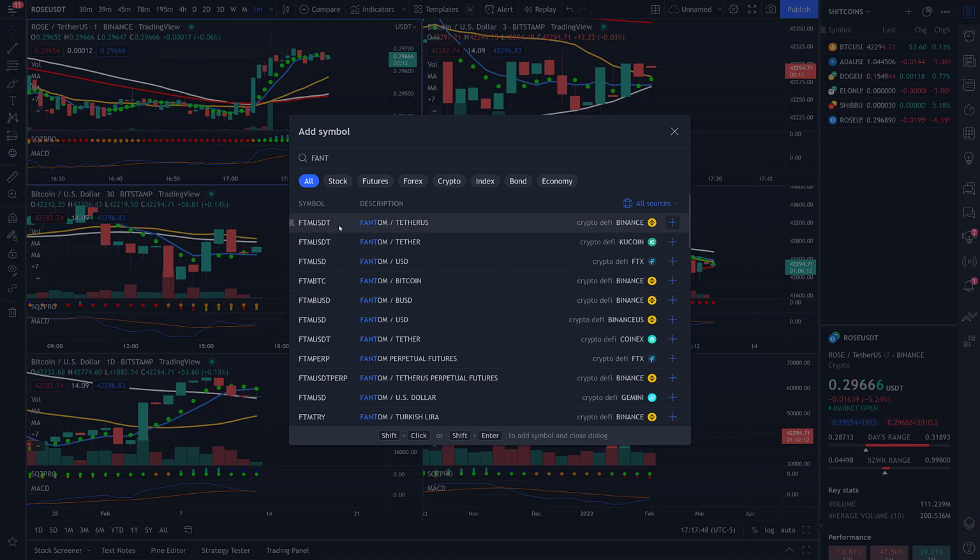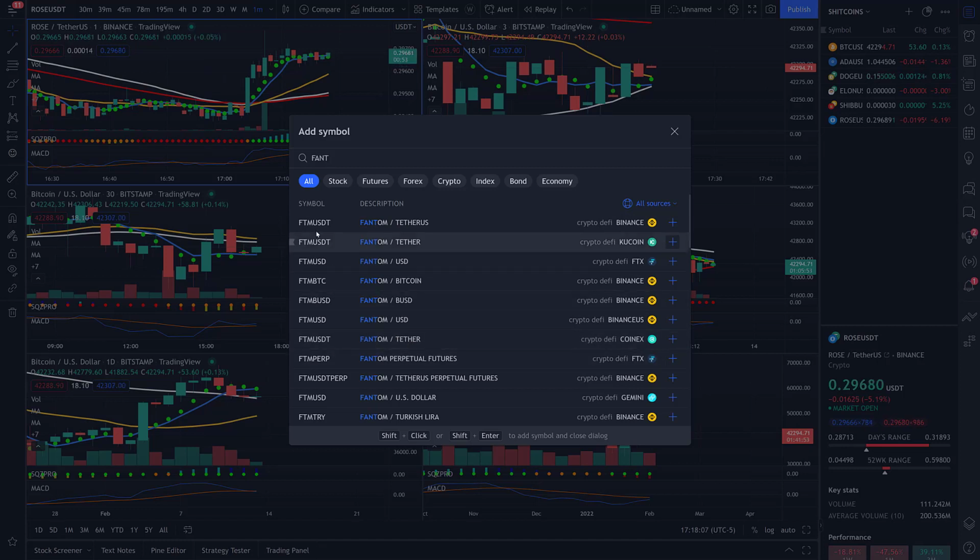Yeah, there's a lot of different ways of calculating the shitcoins. What I would recommend is, there has to be a reason why they create so many different pairs, right?